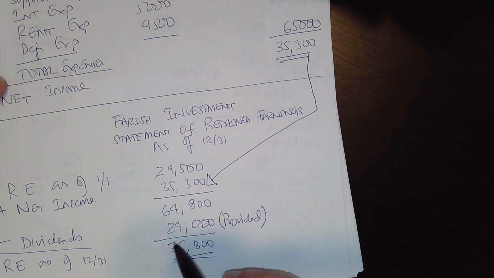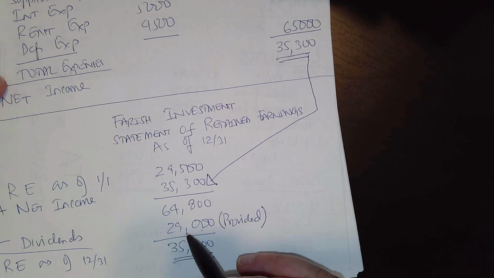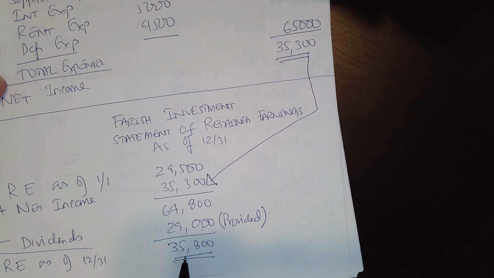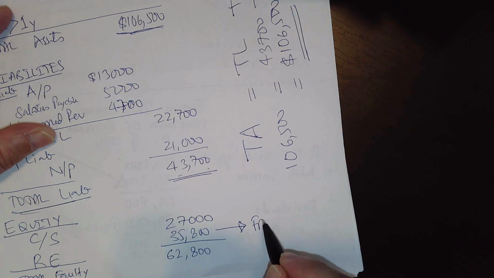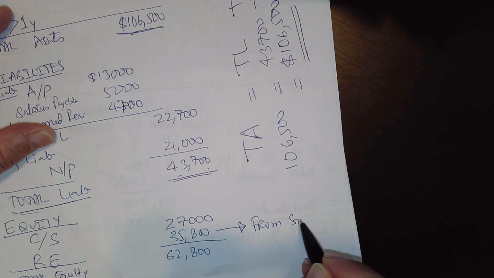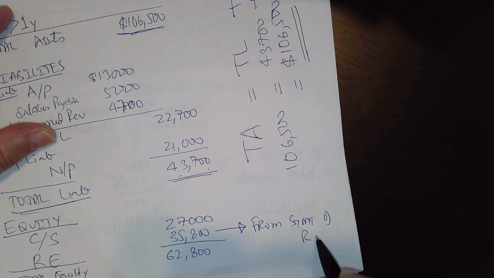Doing this process is called closing the income statement into the balance sheet. So where does this ending balance of retained earnings go? It goes right over here, from the statement of retained earnings.